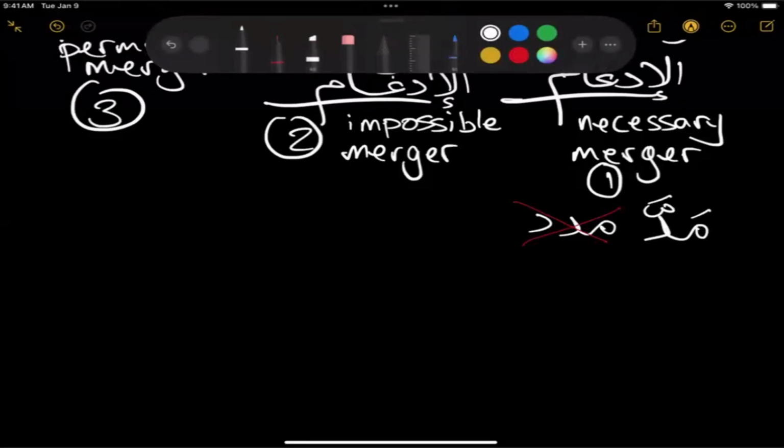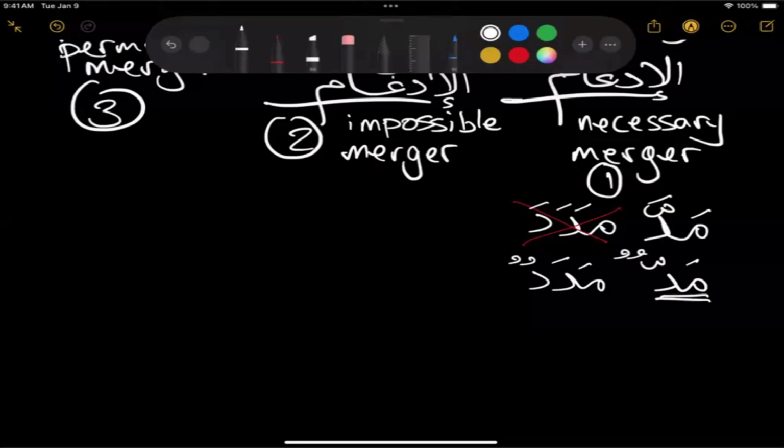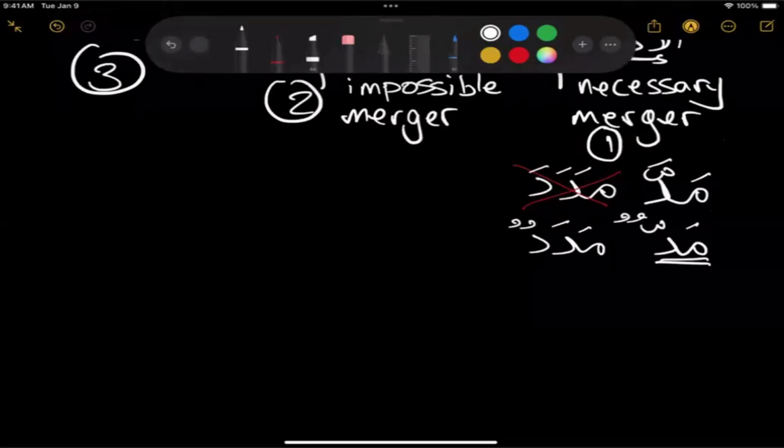Also in the masdar, maddun, same thing. You don't say madadun. Not here. You're going to say, well, I heard the word madad. Not here. That's something else. So you don't say madadun, that's a blunder. So you must merge here.